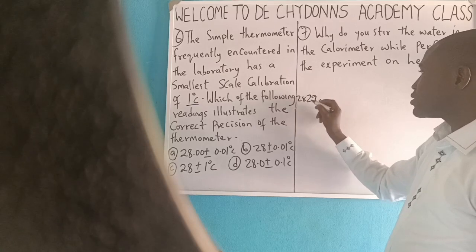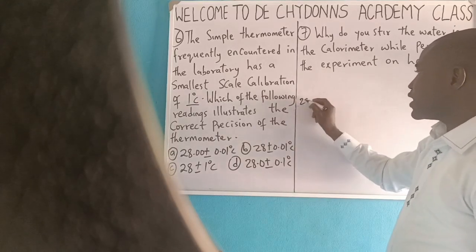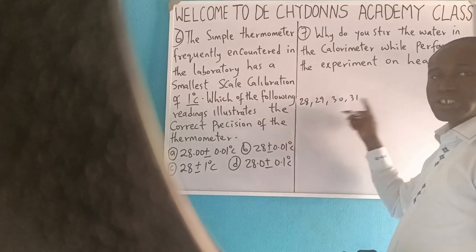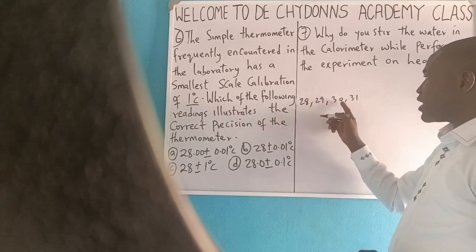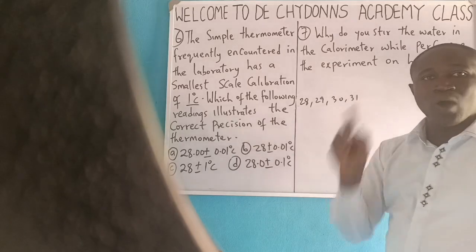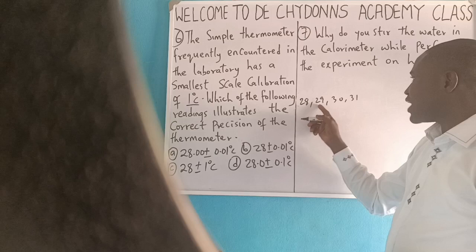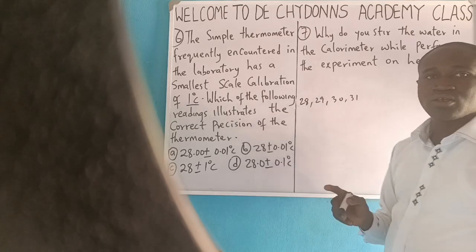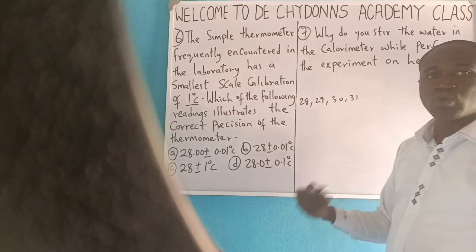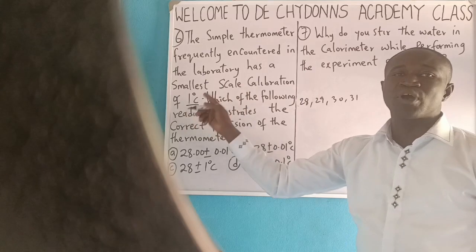That means, let's say we are starting with 28, 29, 30, 31. It goes this way. The difference between them is just 1. The least you can get is 1. You can't get 28.1, 28.2, 28.3 because they didn't tell you that the smallest reading is 0.1.